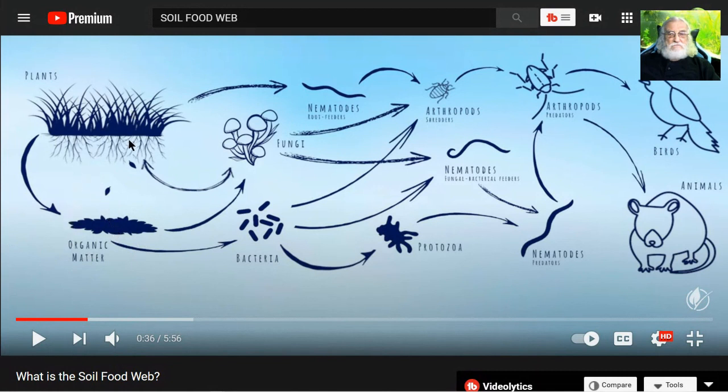What happens to this? Let's look at the arrows. It goes to fungi. Fungi consume organic matter here and through the roots of plants here. This goes both ways. Notice that there is product returned to the plants by the fungi. The organic matter goes to fungi. It also goes to bacteria.